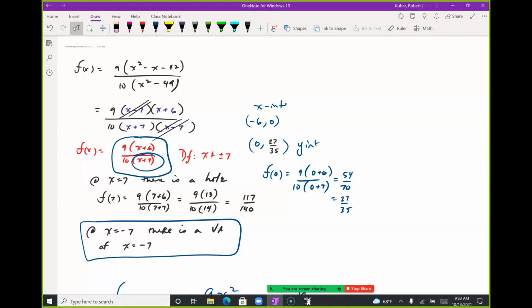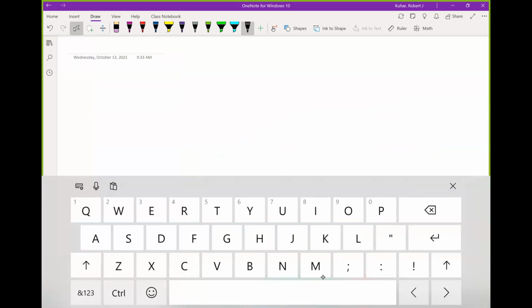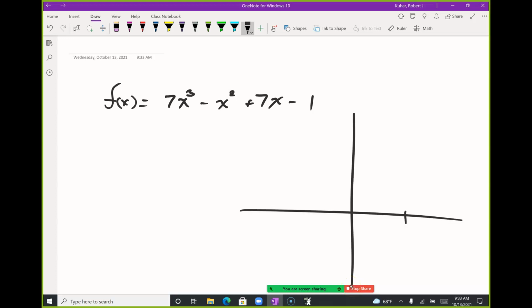So this one is from Diego, and it's asking me to use the rational zeros theorem to find the real zeros of this polynomial. So that's good because I'm going to ask you one just like this. So great question. F of x equals 7x cubed minus x squared plus 7x minus 1. I look at the graph and I see something like this, and I'm confused.